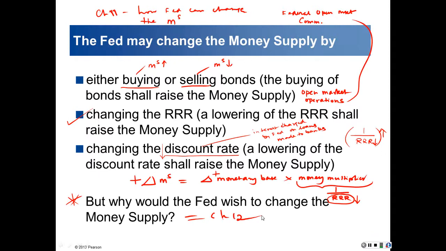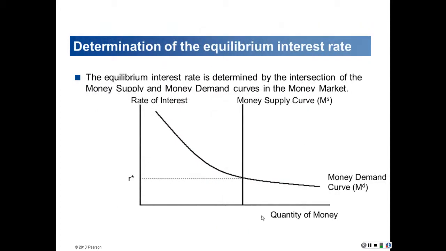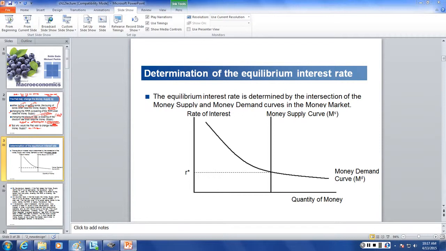We're going to look at exactly what the Fed's motive is. Why is it going to bother to change the money supply? And this is our crucial diagram from this chapter, chapter 12. Let me exit this and go to my drawing board and explain to you exactly why the Fed would wish to change the money supply.